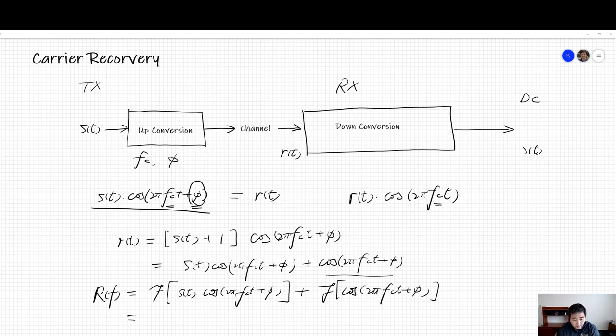The first term is half of capital S(f minus fc), and because I have this phase term, we need to put e to the positive j phi here.